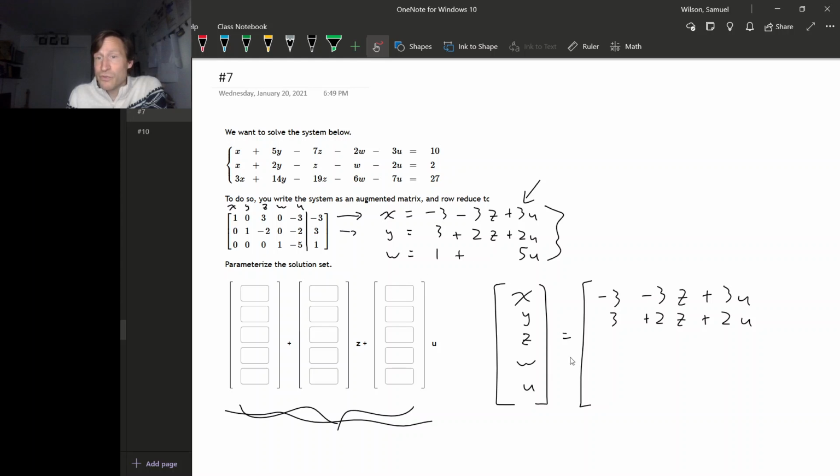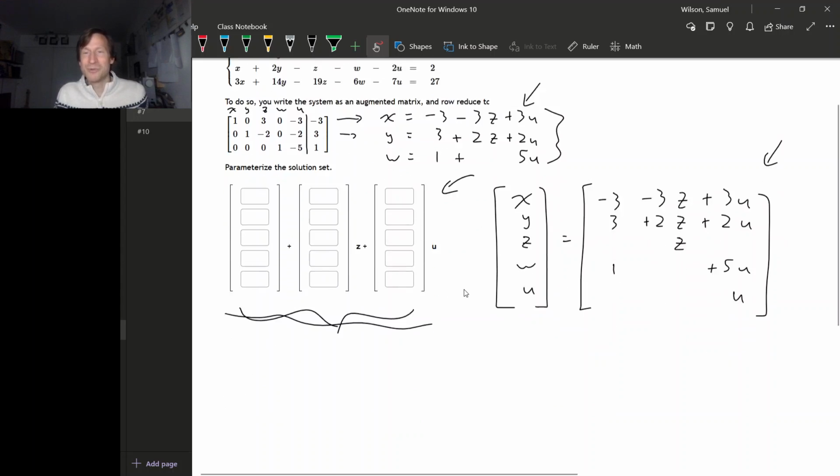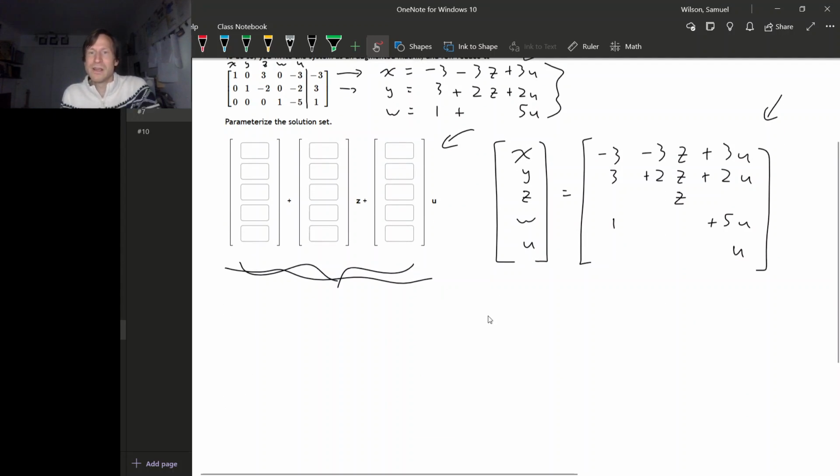Z, well, z is a free parameter, so z is just z. W is 1 plus 5u. And u is a free parameter, so u is just u. Okay, now we need to pull this apart to look like what the question is asking for.